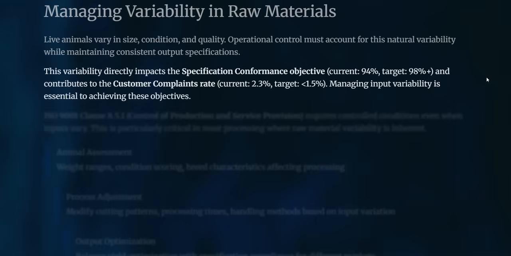This variability directly impacts the specifications conformance objective. Currently, we are at 94% and we are targeting 98%, and it contributes to the customer complaints rate, which is currently at 2.3% and we are targeting less than 1.5% per shipment.